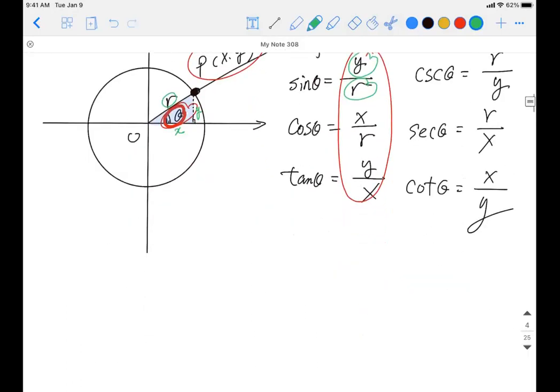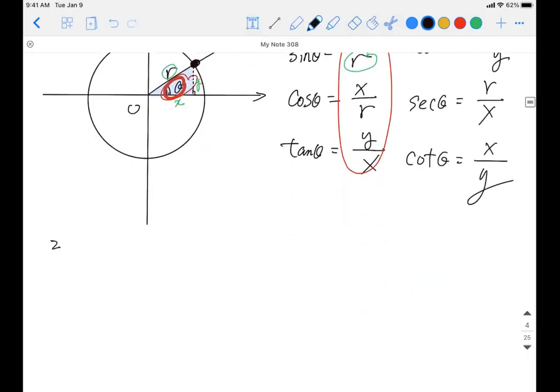Okay, second part. As long as you're dealing with trigonometry, we have to deal with angles, right? The typical way is to give 30 degrees, 60 degrees, and so on. But moving forward, we would like to stop using degrees and instead use the radian.